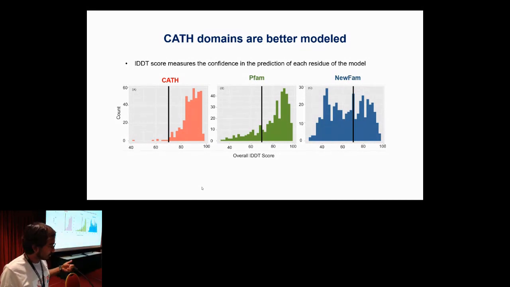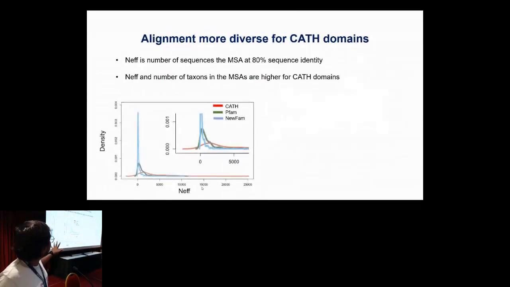We tried to see if there was a difference in the alignment diversity in each of the domain types. We didn't have access to the AlphaFold multiple sequence alignment. However, we had access to the RoseTTAFold ones, so we used the RoseTTAFold multiple sequence alignment to check it. Here is a density plot of the Neff values. Neff is the number of sequences in the multiple sequence alignment at an 80% cutoff.